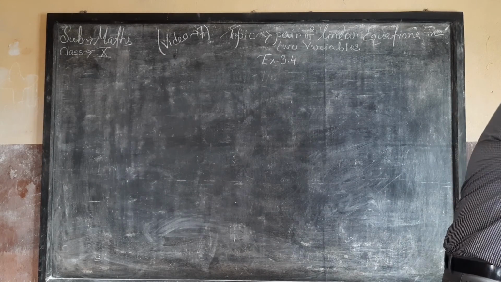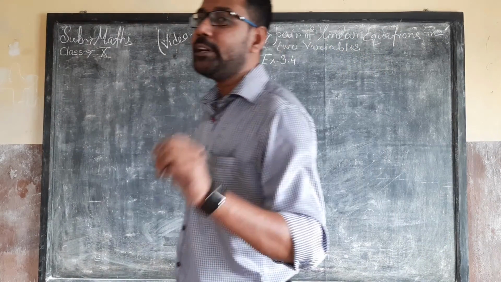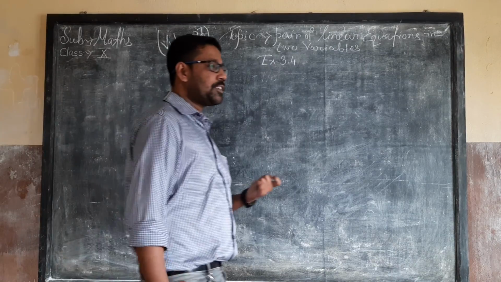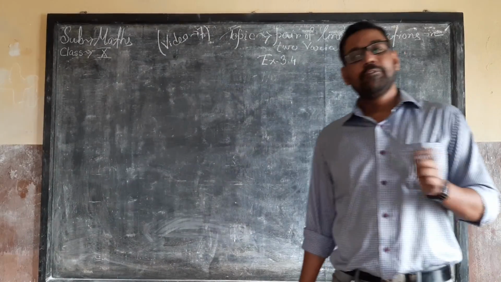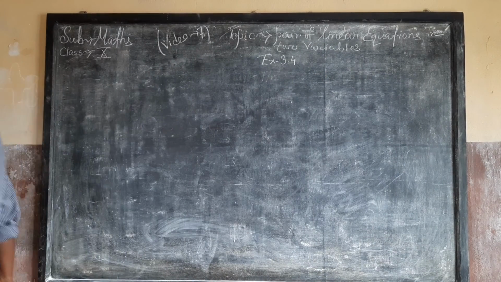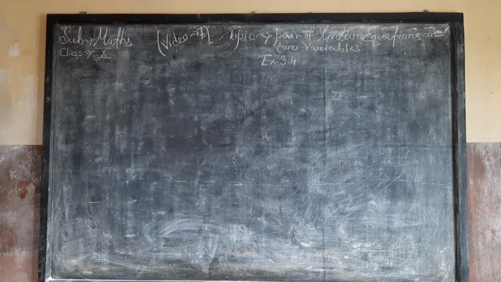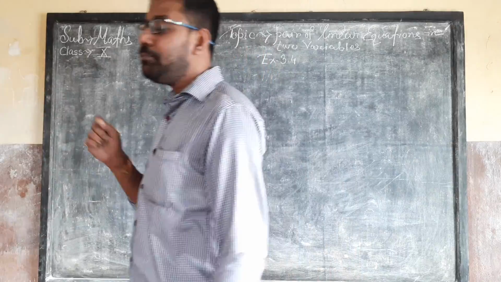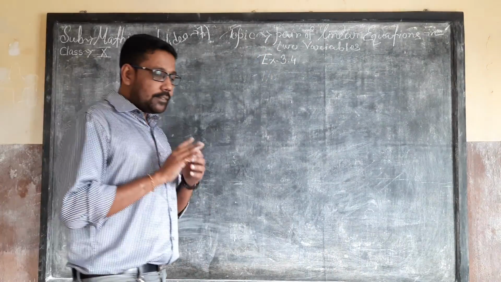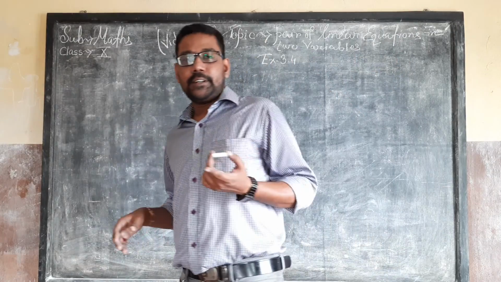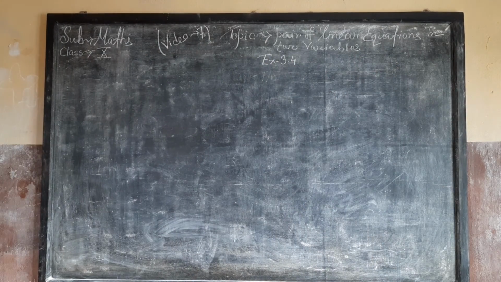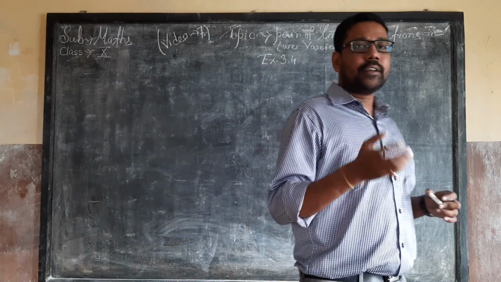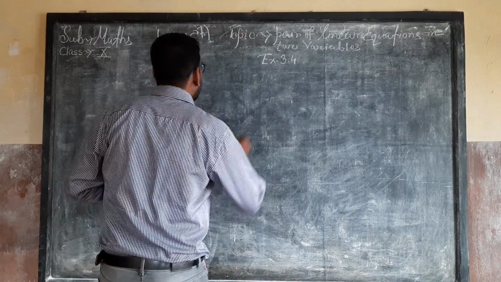This exercise 3.4 contains two types of problem. First, some pairs of linear equations are given and you find the solutions with the help of a particular method. The name of this method is the elimination method, and this elimination method is nothing but the second algebraic method to solve any pair of linear equations.